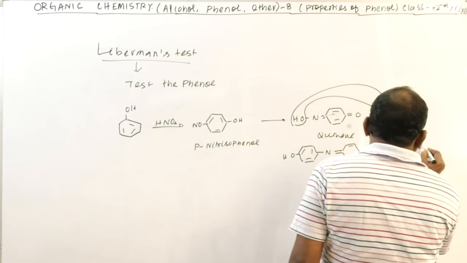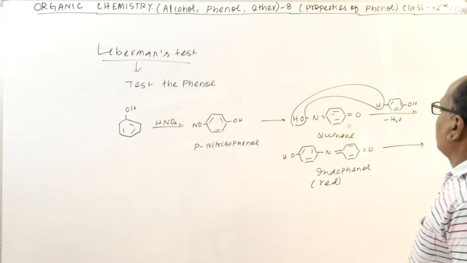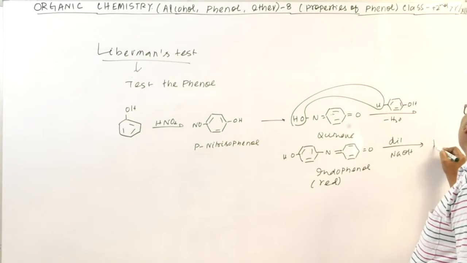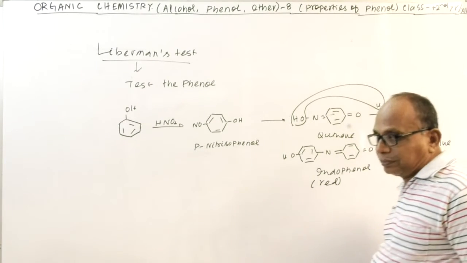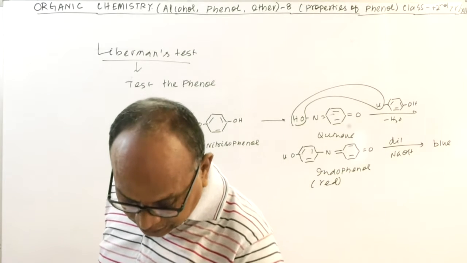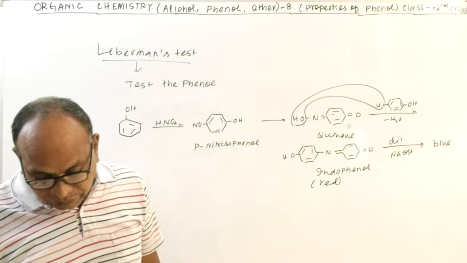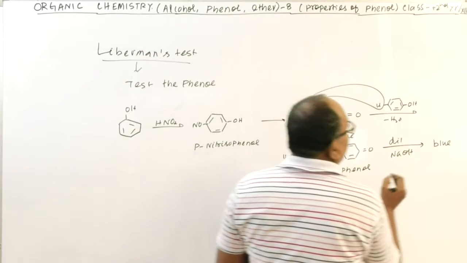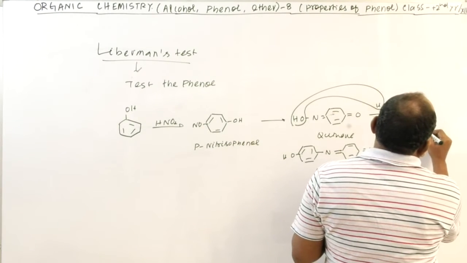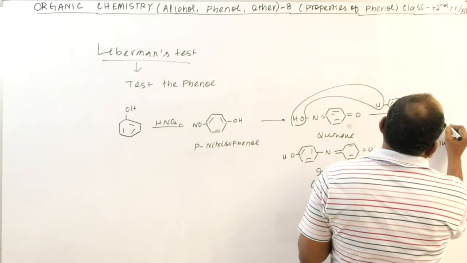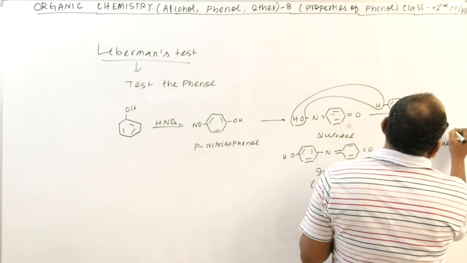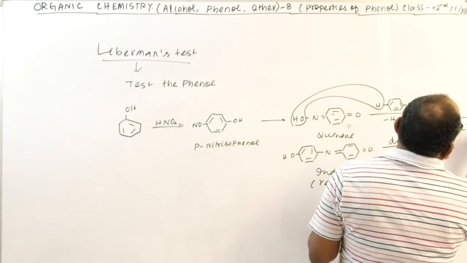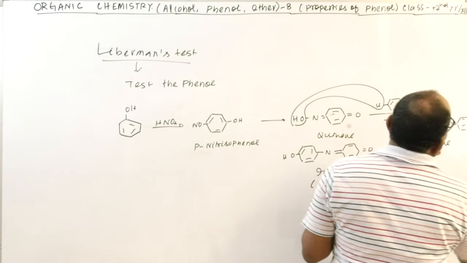Then you treat it with dilute NaOH, it gives you blue color. This gives what? Blue color. And the blue color is due to this H becoming Na, that becomes NaO.